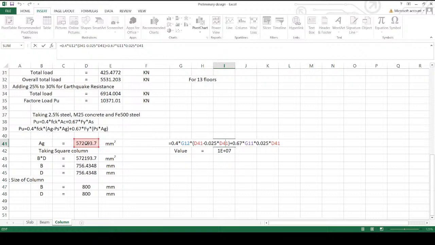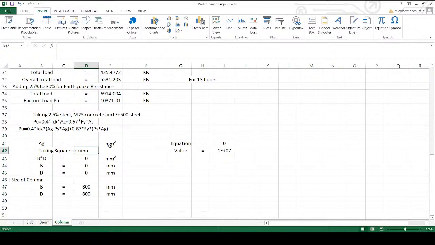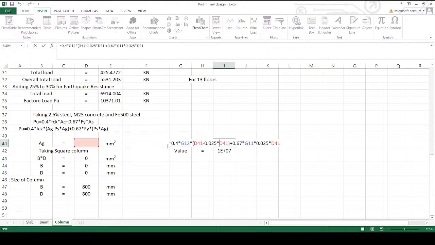Here you have not selected anything, you have 0. You have to select only these gross area portions. If there is nothing in the calculation, there is nothing. At this time you have to make the equation.